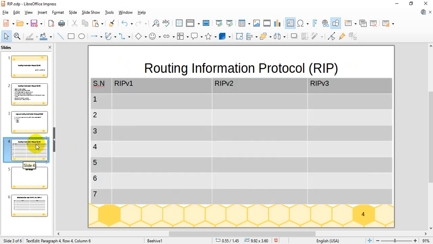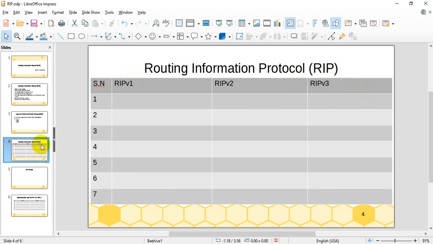Okay, it is the Routing Information Protocol table: RIP version 1, RIP version 2, and RIP version 3. RIP version 3 is also known as RIPng. RIPng is used in IPv6.